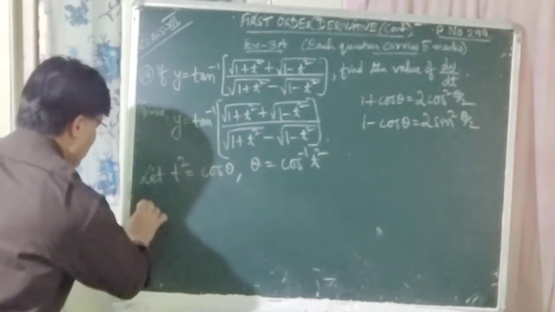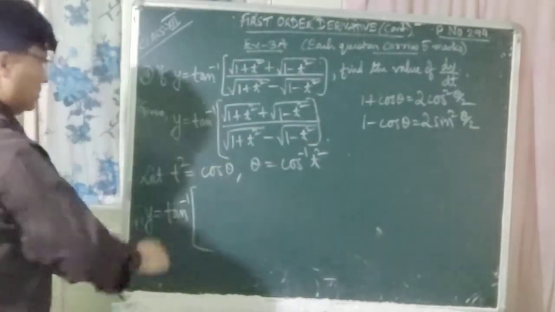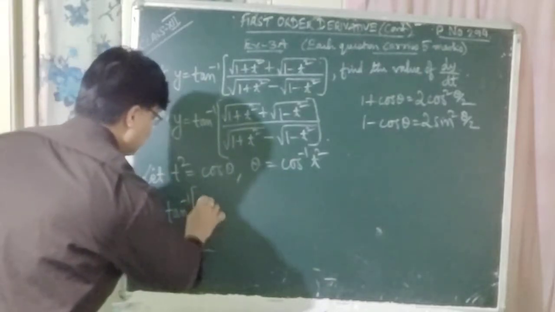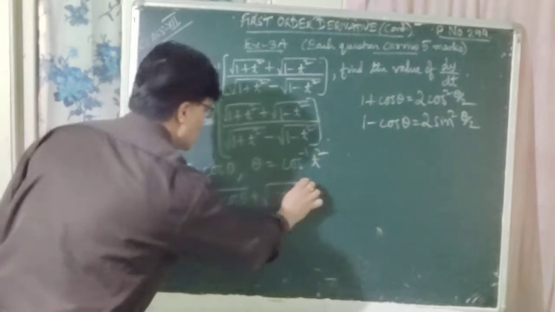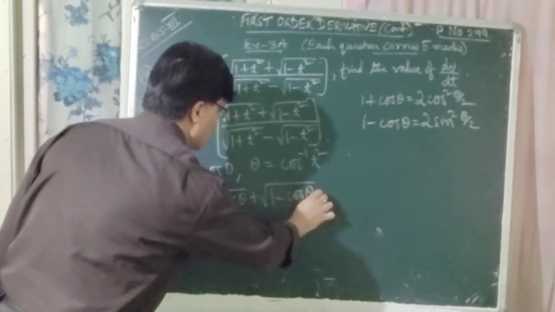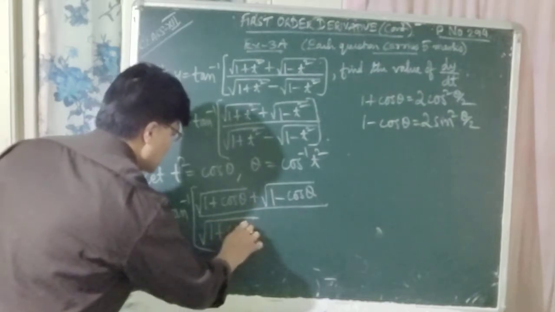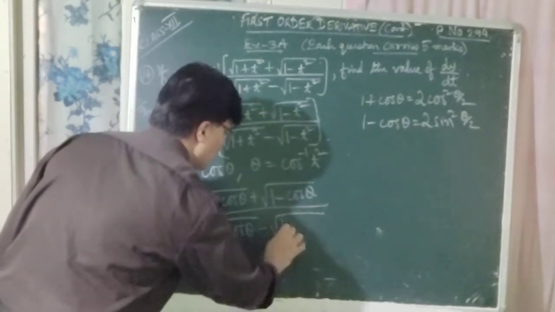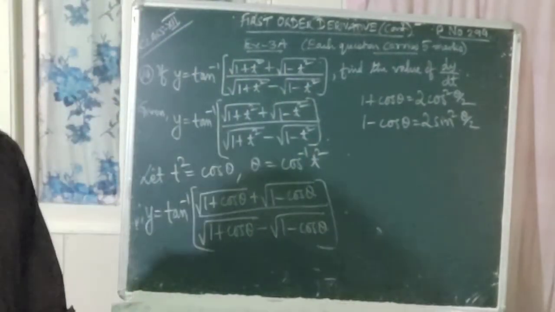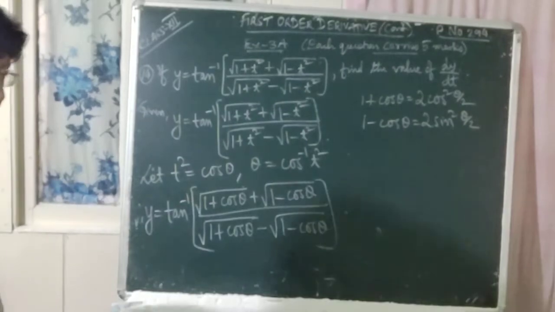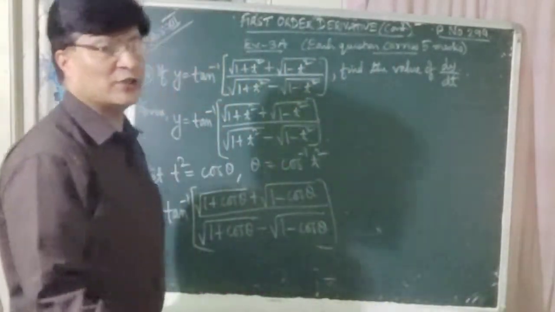Therefore y is equal to tan inverse of (square root of 1 plus cos theta plus square root of 1 minus cos theta) divided by (root over 1 plus cos theta minus root over 1 minus cos theta). Now we can use the formula, so that it will be easier for you to simplify and get the differentiation.